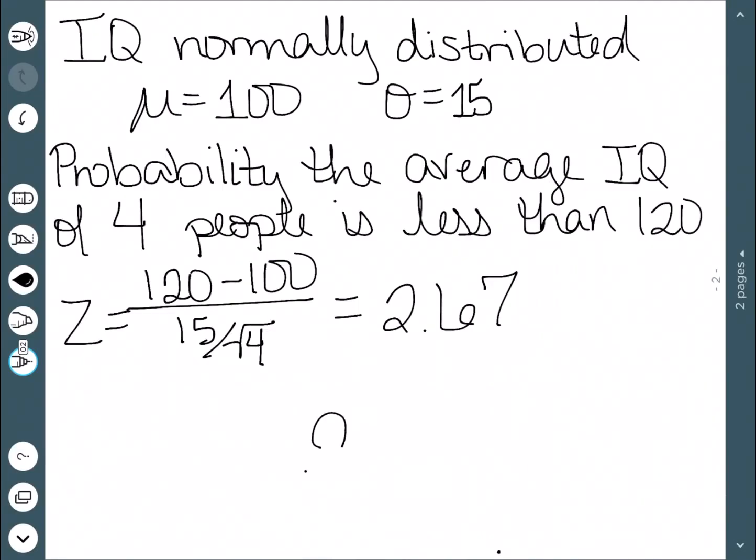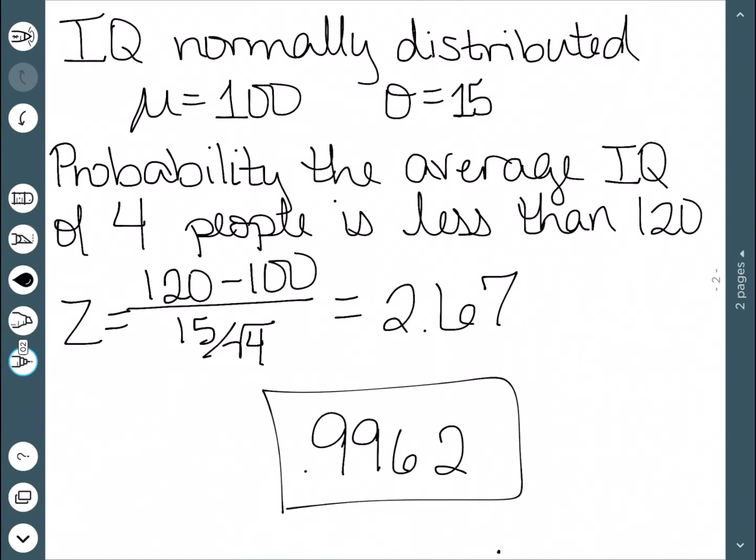So back at our example, we now have a probability of 0.9962, which is greater. So the chance that one person has an IQ less than 120 is actually going to be smaller than the chance that out of 4 people, the average IQ is less than 120.